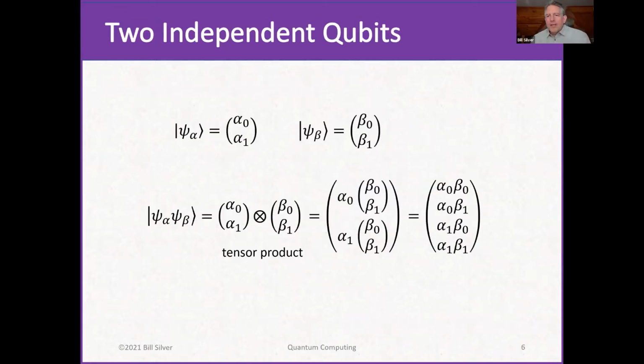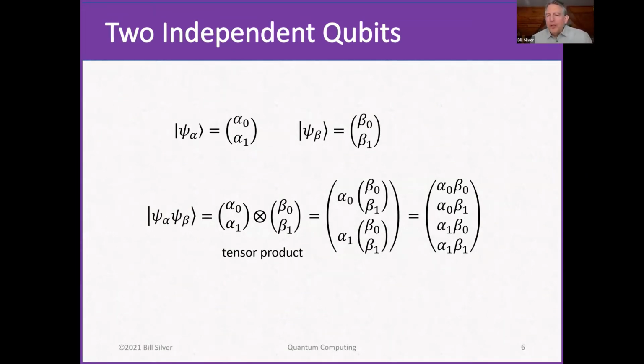And we looked at how two independent qubits combine to produce a 2-qubit system using this thing called the tensor product, which is very simple, basically the product of all possible combinations of those two-element vector states.